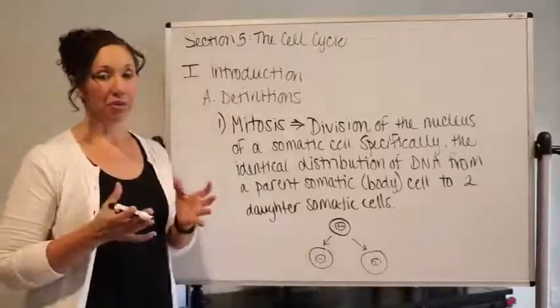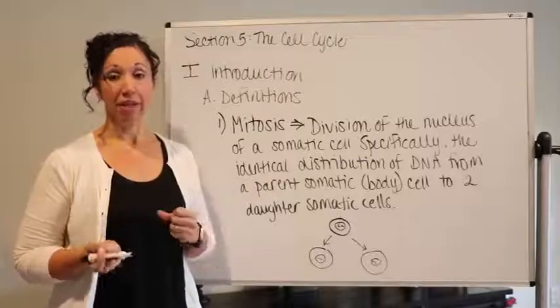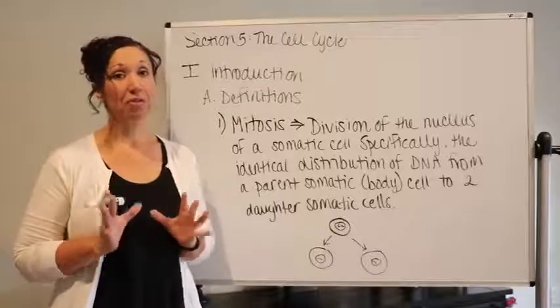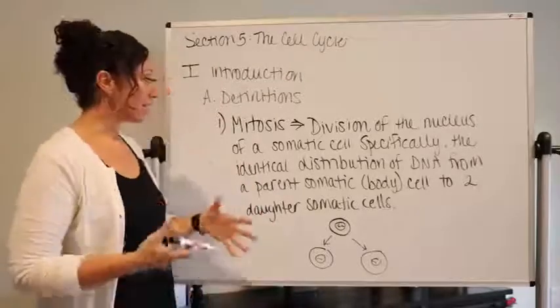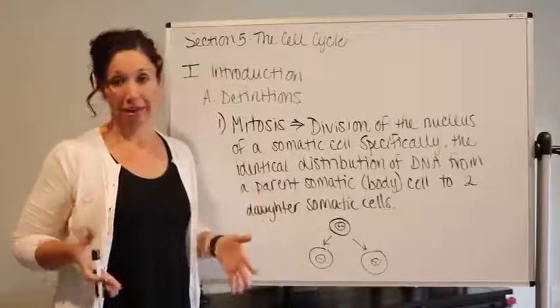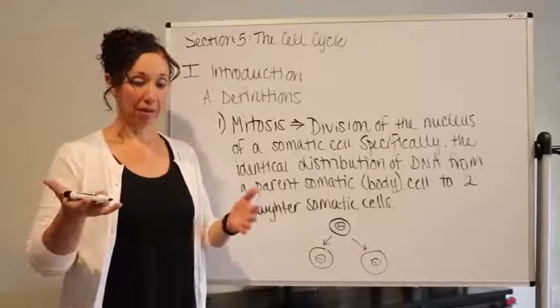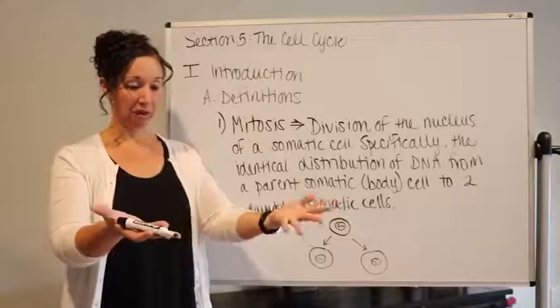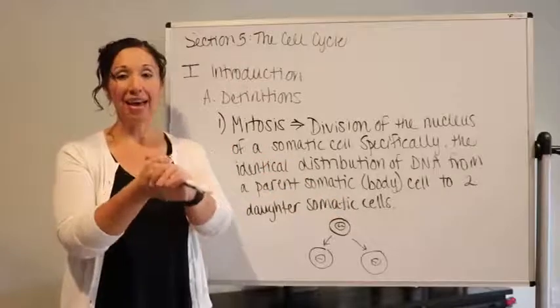So there is a difference between your somatic cells and your germline cells, the cells that create your eggs and your sperm, because those cells are special because they're going to go create a new life one day. The cells that are in your body, everything outside of those cells, those are called your somatic cells. When your mother's DNA and your father's DNA came together in fertilization, that is you.